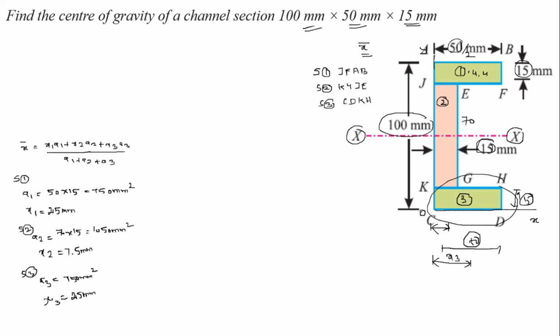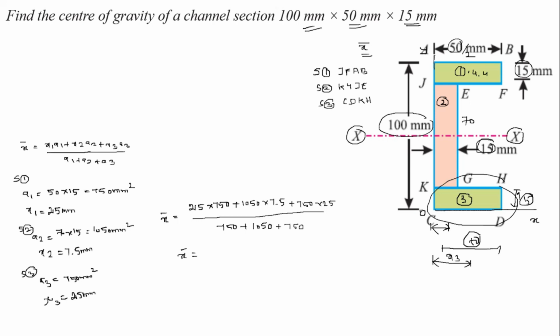So substitute the values. x bar is equal to 25 into 750 plus 7.5 into 1050 plus 25 into 750, divided by A1, A2, A3: 750 plus 1050 plus 750.